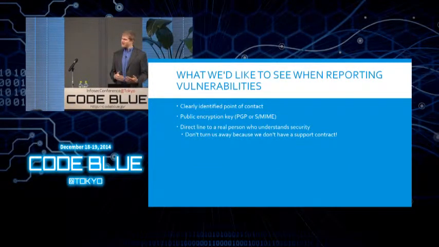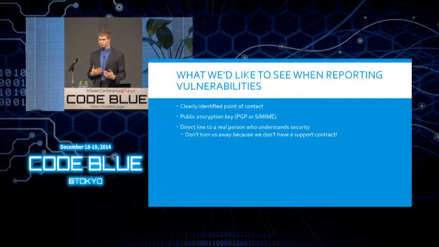There are some things that we found as a finder that made us think about how we behave as a vendor. And that makes us ask you who have software to do some things to help us help you. So please publish a clearly identified point of contact for security vulnerabilities. Let us know where we should send this information.